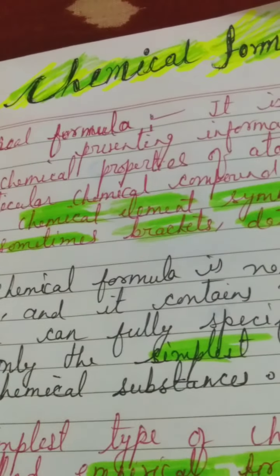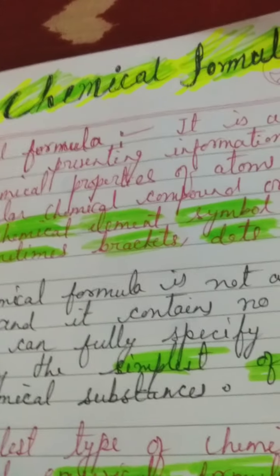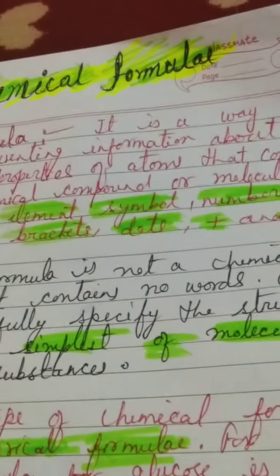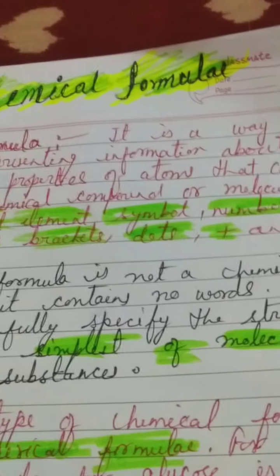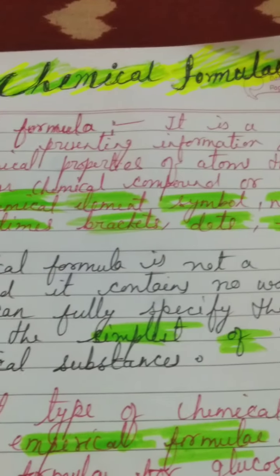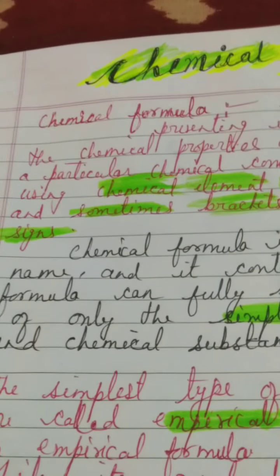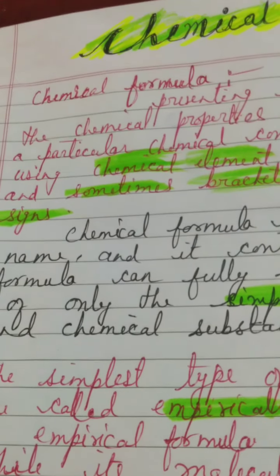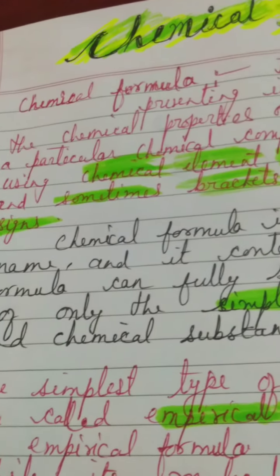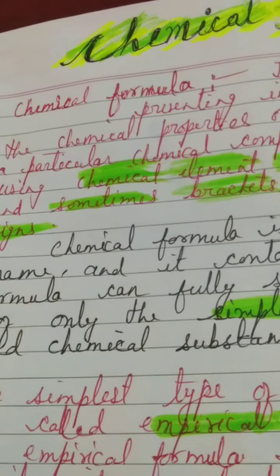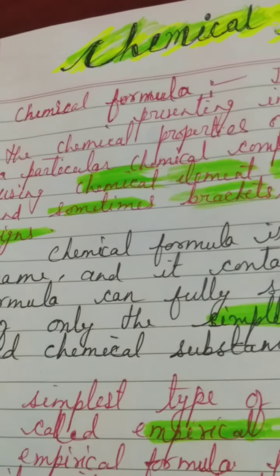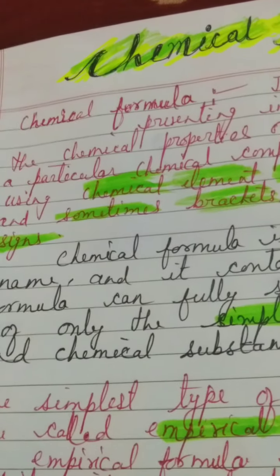We will learn how to write the chemical formula. Every element has a symbol, and that symbol is used in writing the formula. The symbol also represents an atom in the free state, but its maximum use is in writing the formula of a substance, compound or molecule.